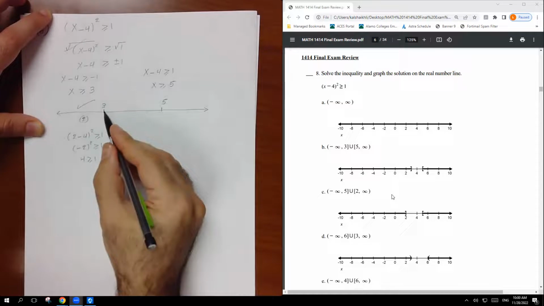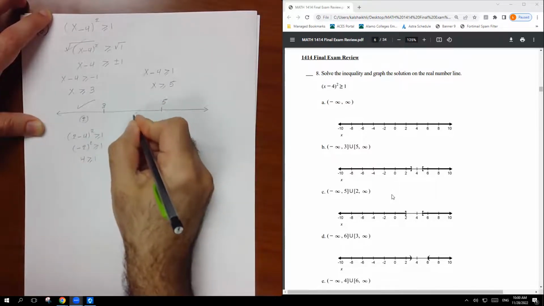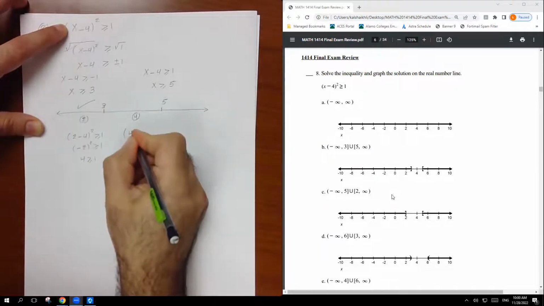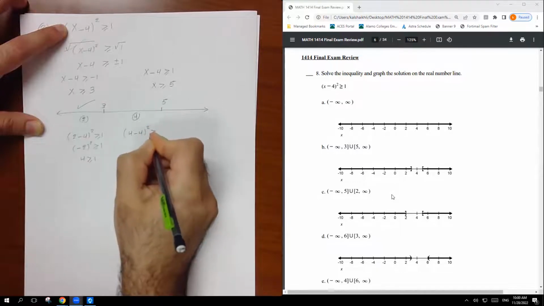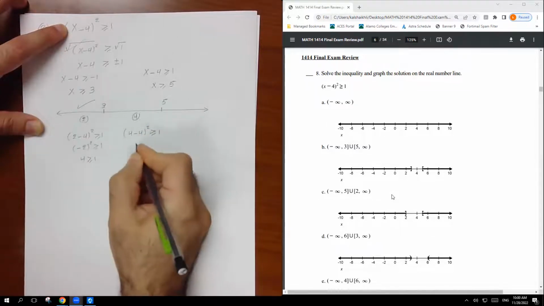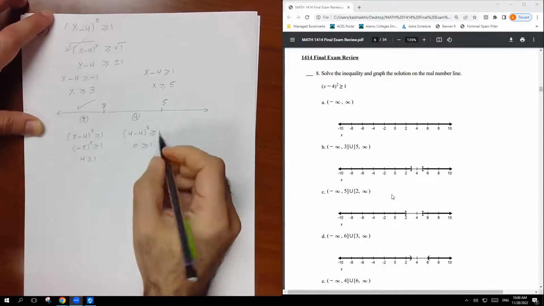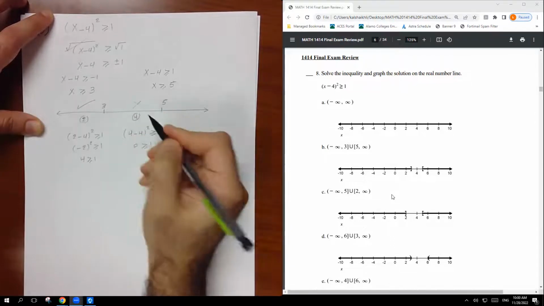Let's take a number between 3 and 5, which is 4. If you plug in 4, it's (4 - 4)² greater than or equal to 1. 4 minus 4 is 0. Is 0 greater than or equal to 1? No, this is wrong. That means this is not a solution.